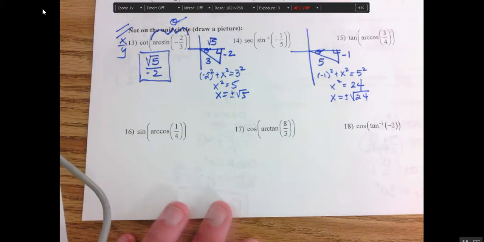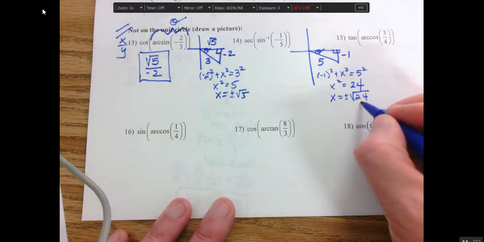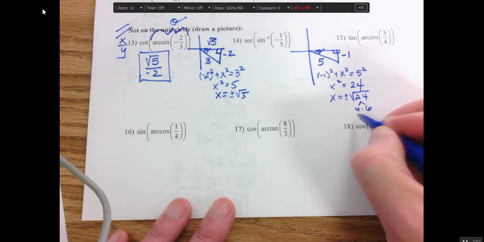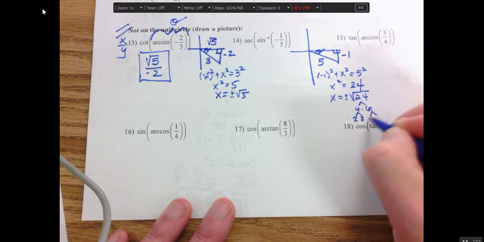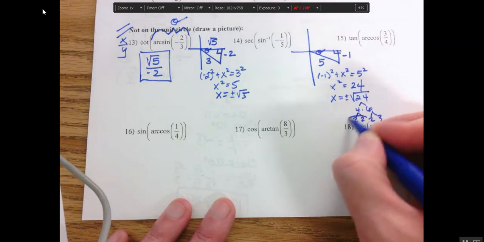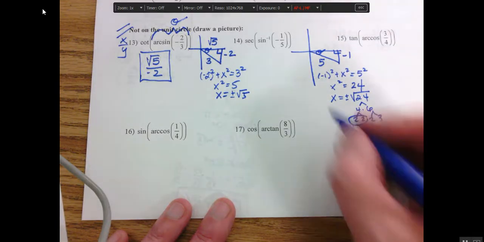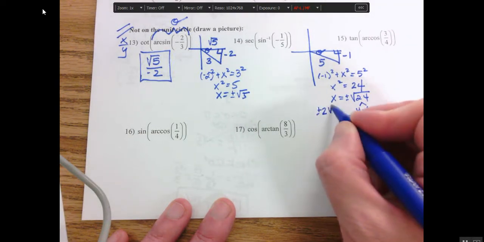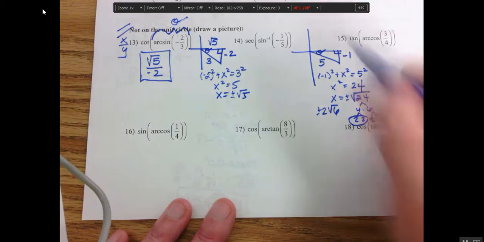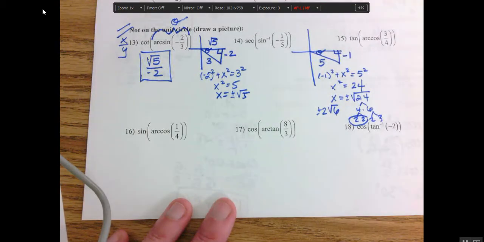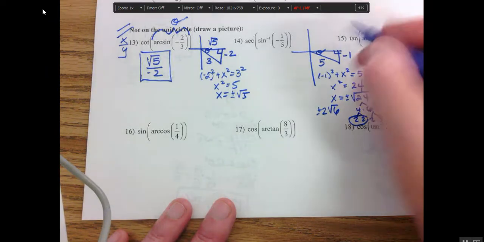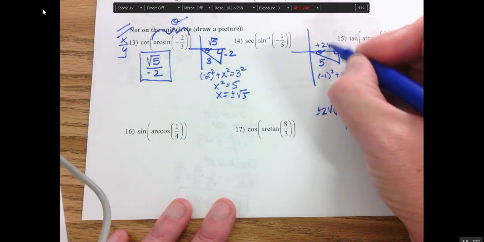I do it with a factor tree. Some of you have a different method. As long as you can simplify your radical, you're good. I do 4 times 6, 2 times 2, 2 times 3. So because there's 2 2's here, that can come out, and I'm going to get plus or minus 2 root 6. And in this case, is it going to be positive or negative for my x? Positive, so it's positive 2 root 6.